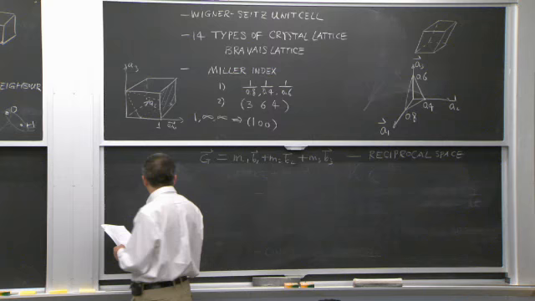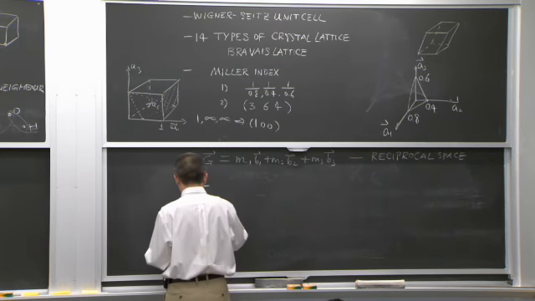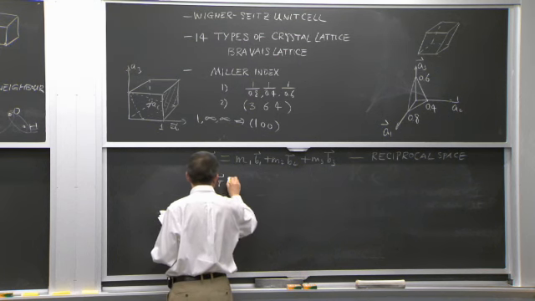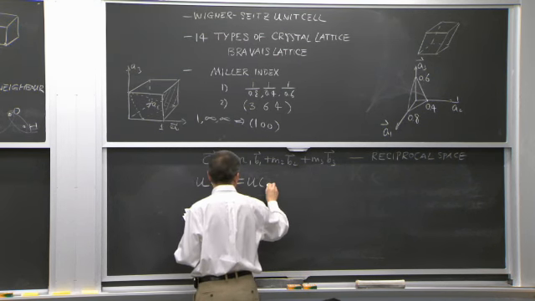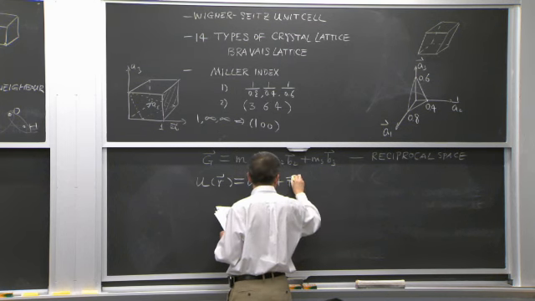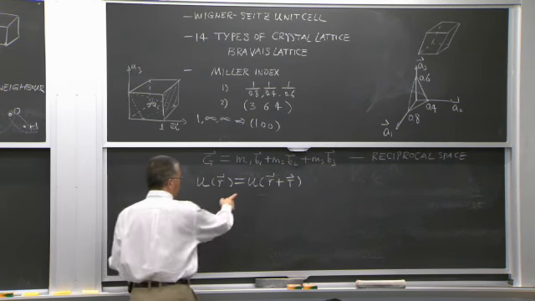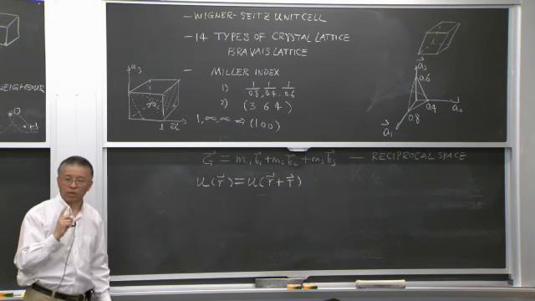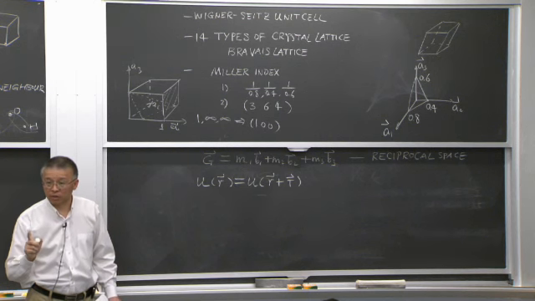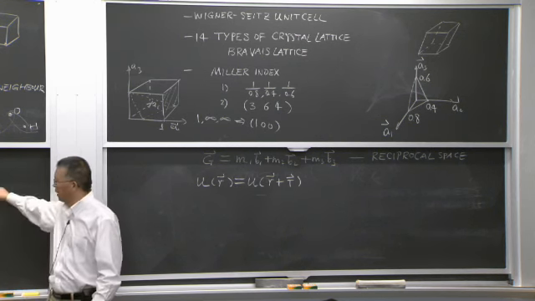Now, if you have a function that's periodic, any function u(r) with u(r) equal to u(r plus T), then due to this periodicity you can write this function as a Fourier series, a 3D rather than 1D Fourier series.